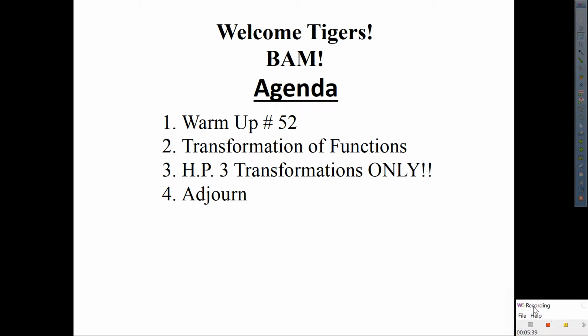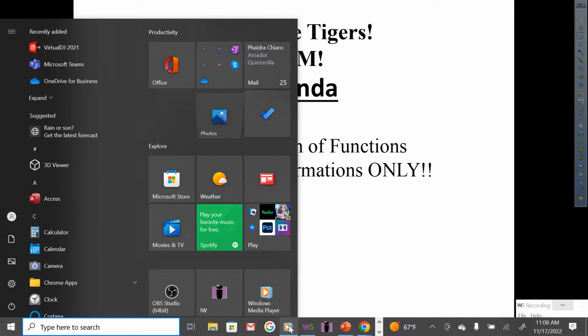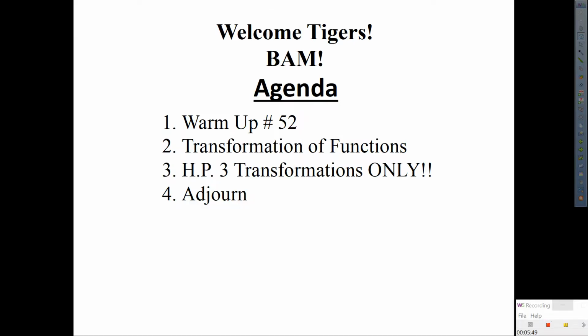I know your notebook has the graphing capability, but it doesn't allow for a lot of values, because it only goes up to, I think, 30. And if we do 15 and 15, it runs out of space. So make sure you grab yourself some graphing. All right? Once again, warm-up number 52, we're done. We're still with transforming functions, and we're working with 3 transformations for today.